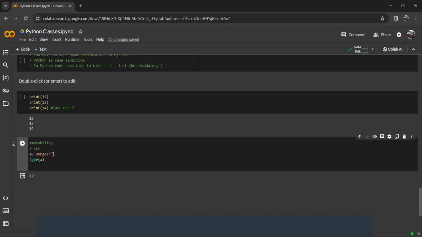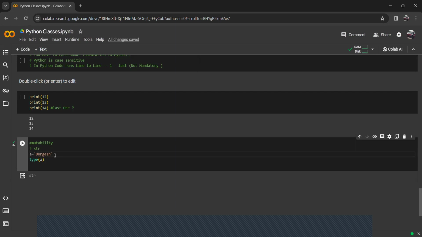Now, if I have written A equal to Durgesh, I can change the things, but I have to hold it in a different way, in a different variable. If the variable A is defined as Durgesh, you cannot change the things inside this. Your variable A will hold Durgesh only because it's a string data structure.